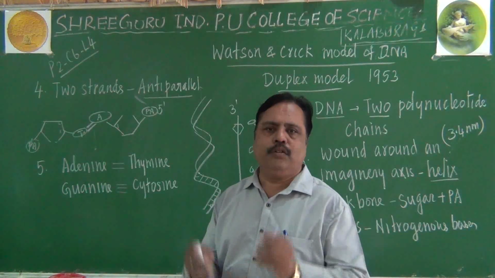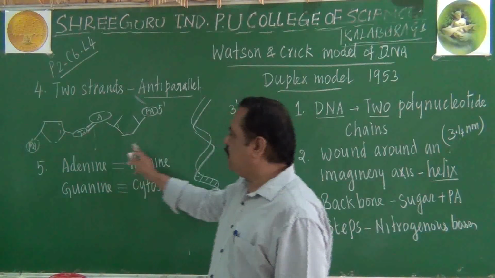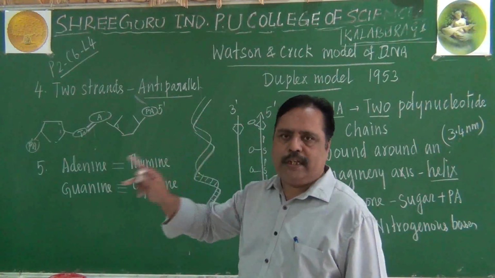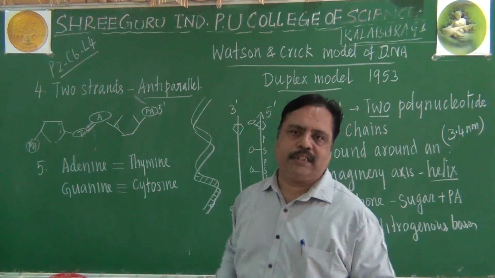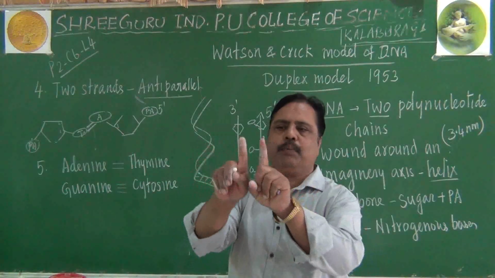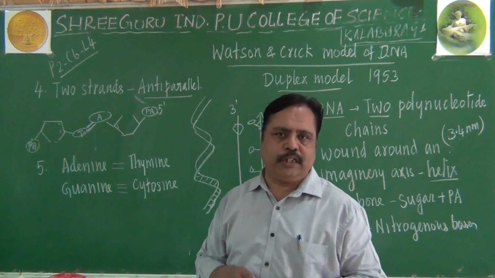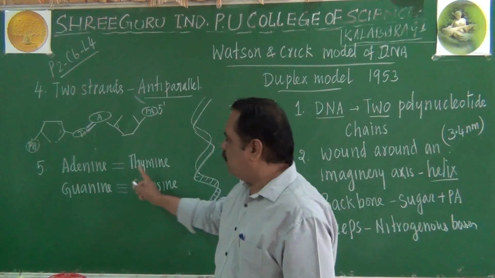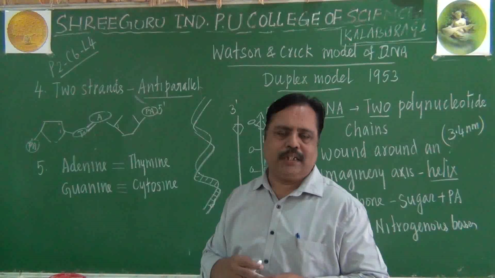Now listen, I introduce one more terminology here. Since adenine can combine with thymine only, these two are called complementary bases. Adenine can pair with thymine only. They are complementary to each other. Guanine can pair with cytosine only. So they are complementary to each other.